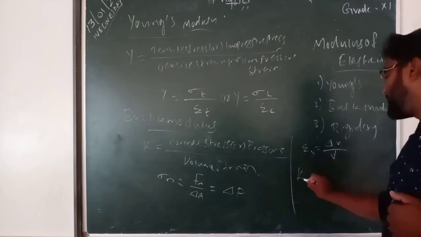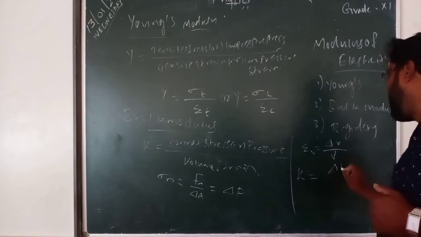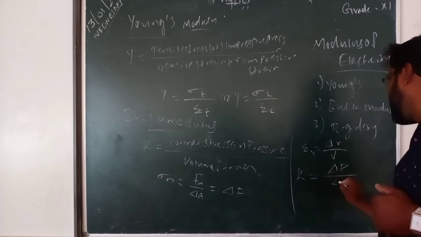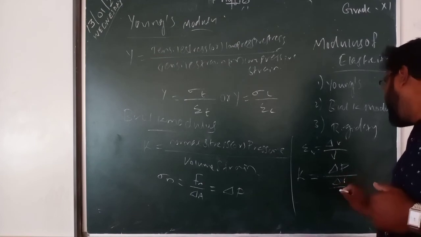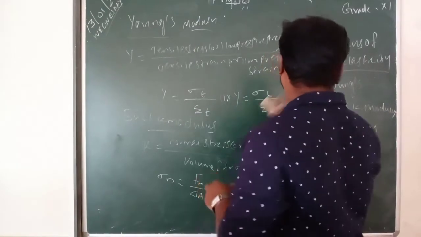So bulk modulus K is equal to delta P divided by delta V by V. So bulk modulus is finished.